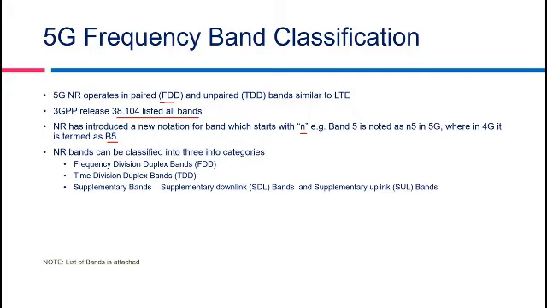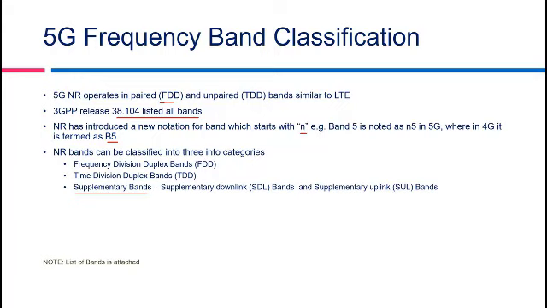The second category for 5G bands is TDD bands, or time division duplexing bands. And the third category for NR bands is supplementary bands, which are used for capacity purposes. The supplementary bands are further classified based on direction, whether they are used for downlink or uplink.